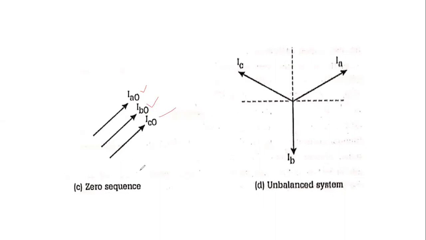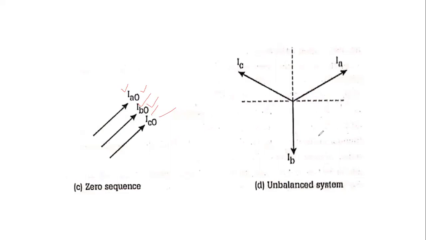There is no phase displacement between these phases, and no angle difference between the zero sequence currents. This is the zero sequence for A phase, zero sequence for B phase, and zero sequence for C phase.